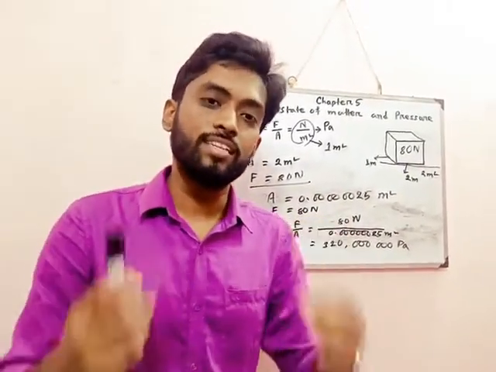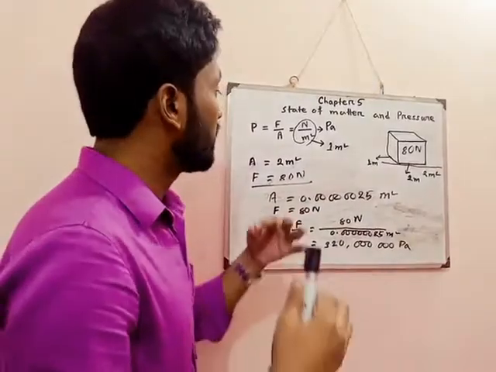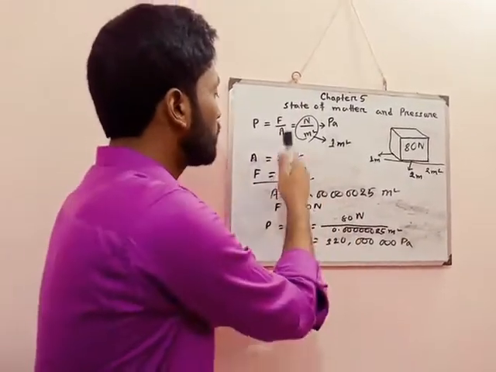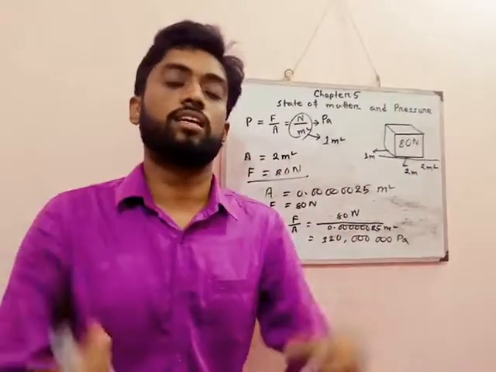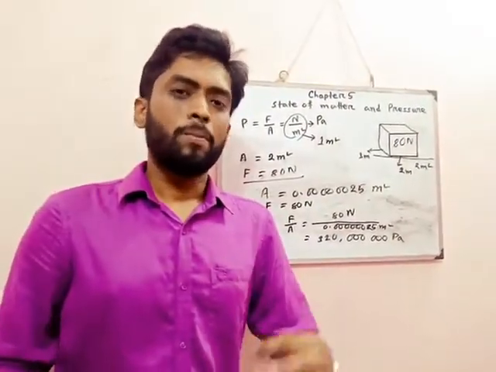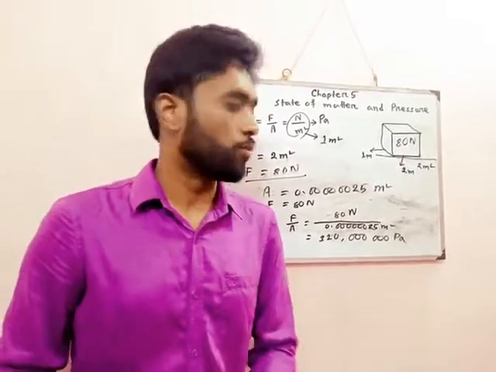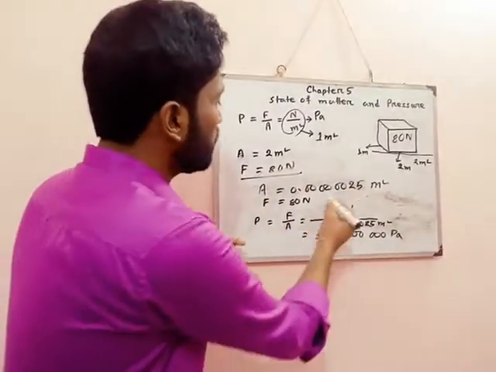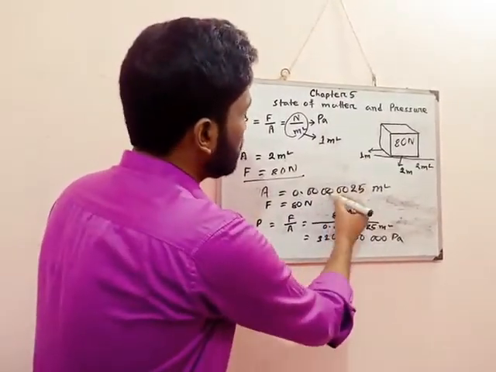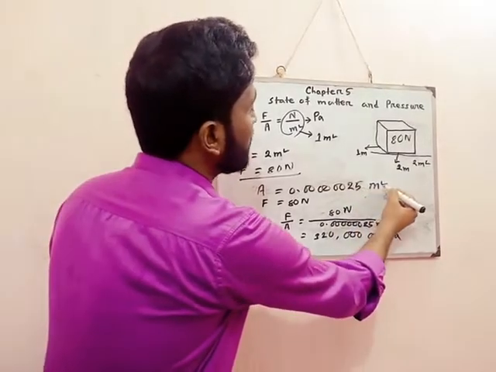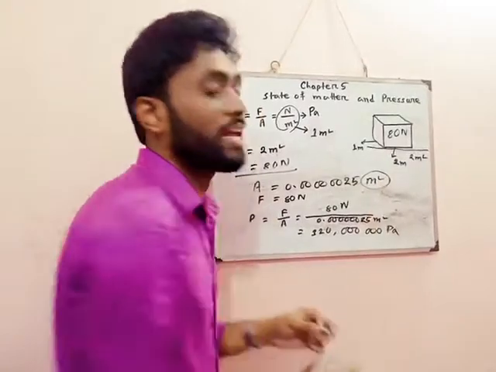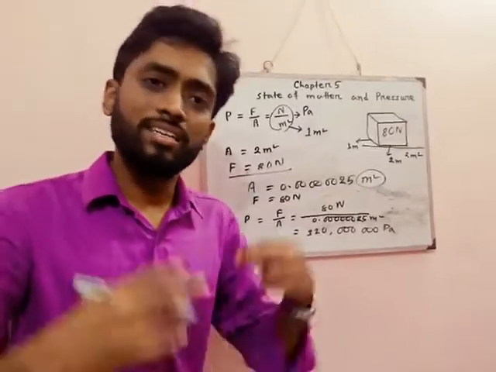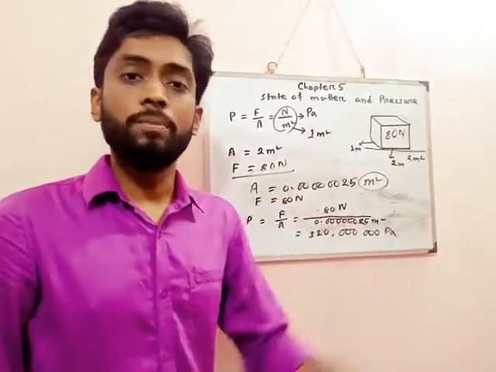So we can easily say that the same amount of force can exert different levels of pressure. But one question may arise: why am I using 0.00000025 meter square? I am using meter square as a unit. Yes, I can also use square millimeter.